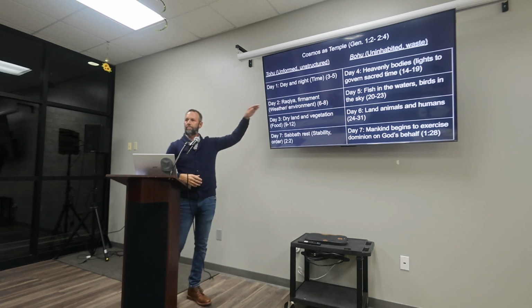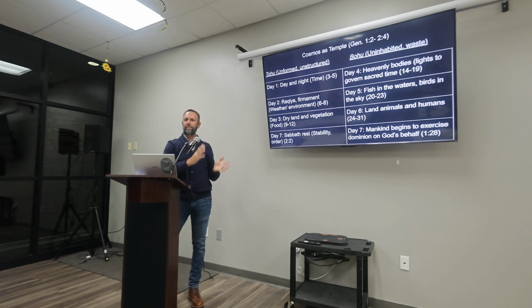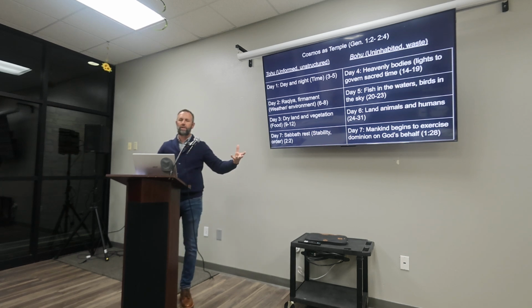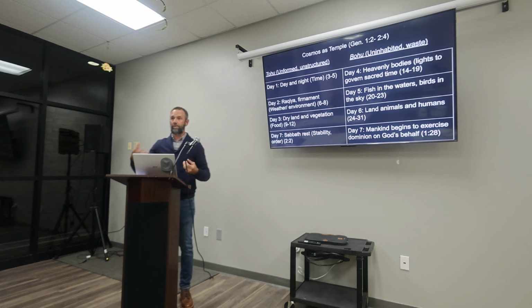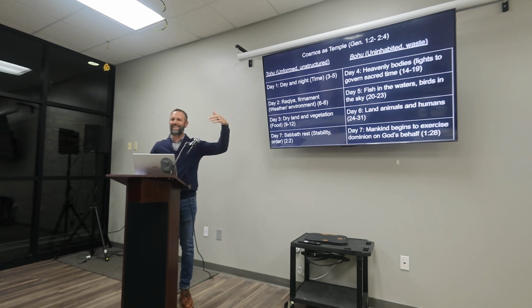So this is all patterned after a process of arranging stuff, putting things in order, creating realms that can function the way they're supposed to, and then appointing, let's say, functionaries or people or things to do what they're supposed to do in that realm. So you give it structure, order, which allows it to function, and then you put people in there to function, right? It's not always people, sometimes it's fish or birds, right?